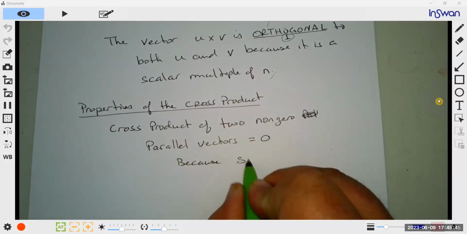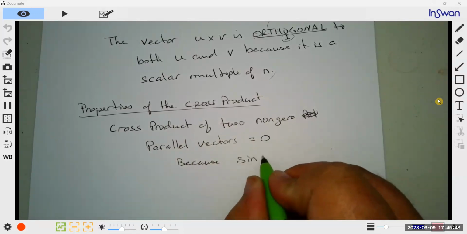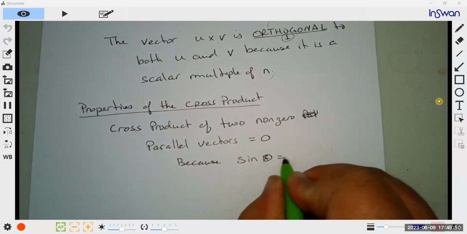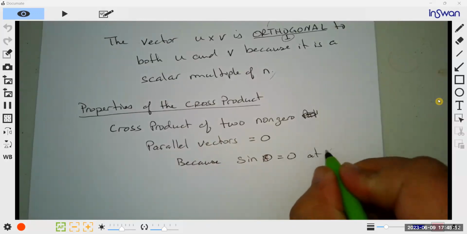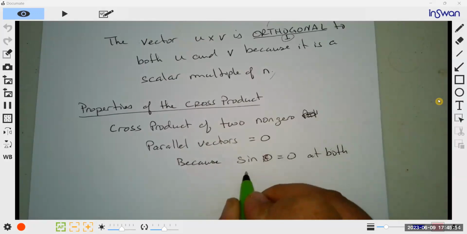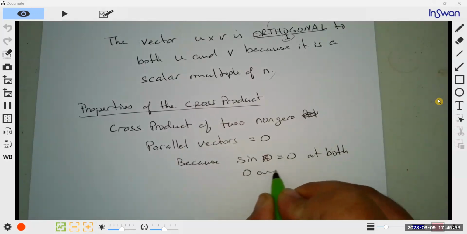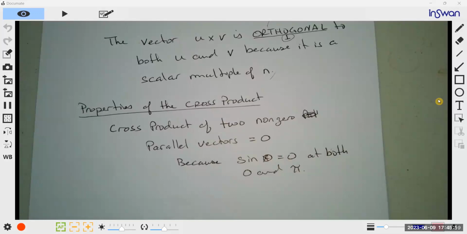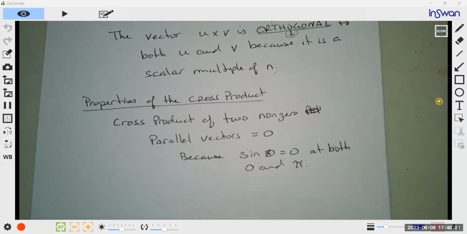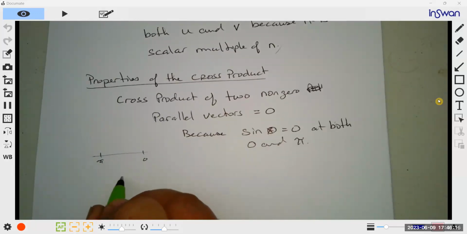Because the sine of theta equals 0 at both 0 and pi, so at our endpoints at 0 and pi. Everything else other than that, our cross product will work.